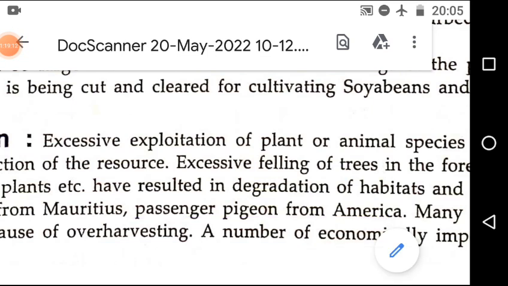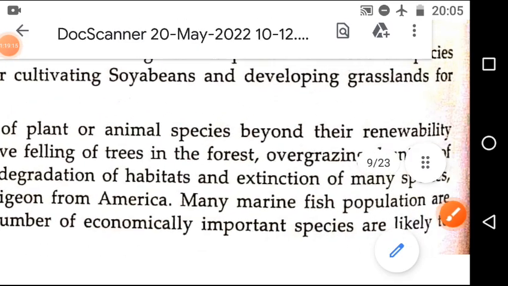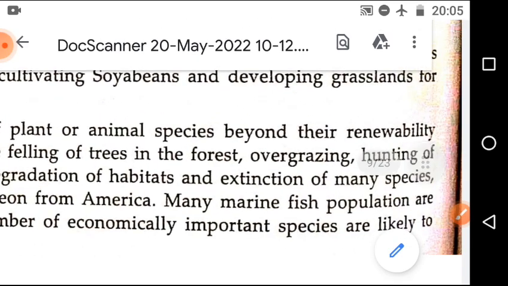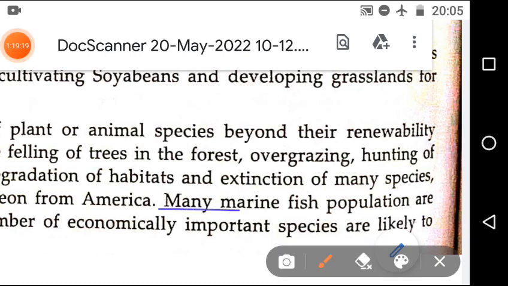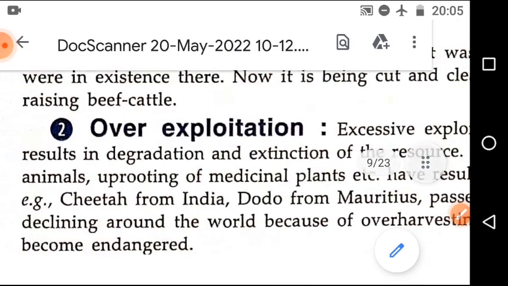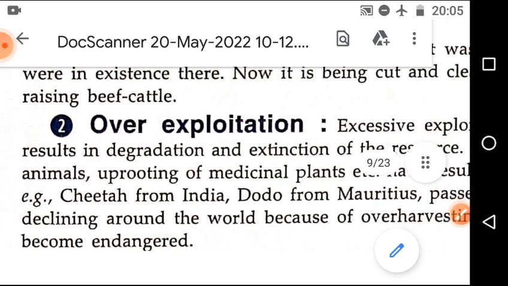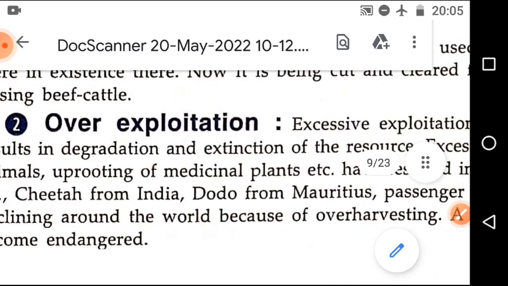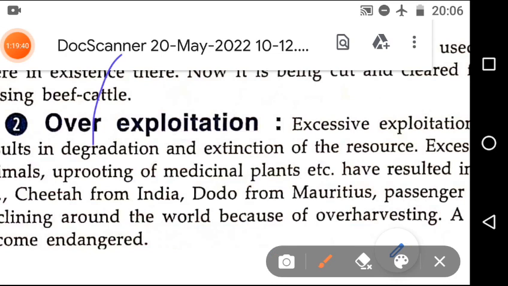Many marine fish populations are also going to be endangered and extinct. They are declining because of over-harvesting. Too much harvesting of those fishes without culturing them, where culturing or agriculture of fishes is called pisciculture.